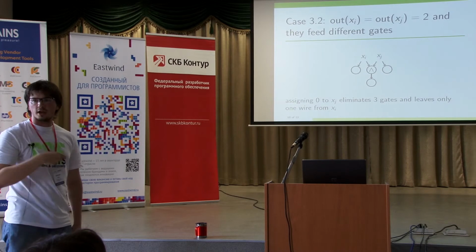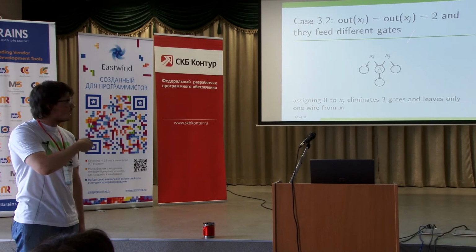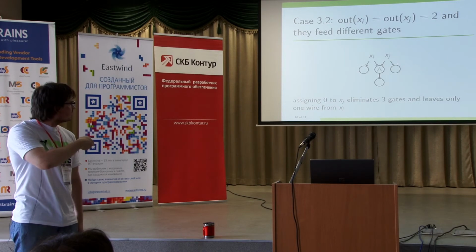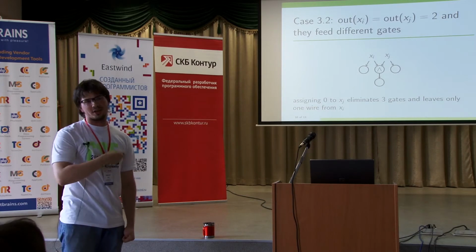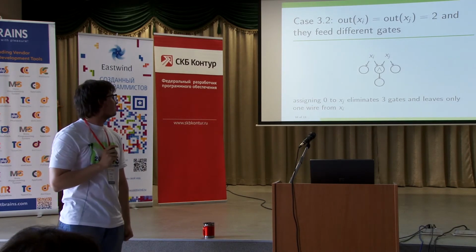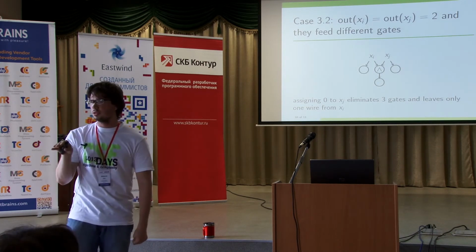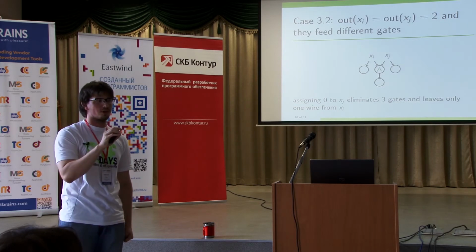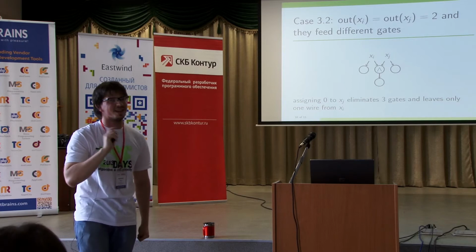And as we can't have a variable with fan out only one, this gate and this one are killed too. So this is the idea of how we can count the 5. It's actually not really complicated, but I do not have enough time. So is the case analysis clear? Seems to be.